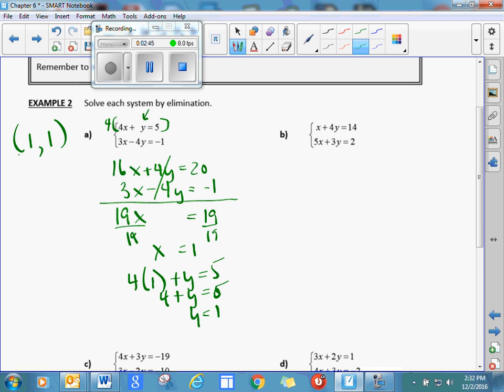So I think that (1, 1) is my solution set of solving these two systems, but I'm going to do one final check, and I'm going to use this equation right here because I did not use it when I substituted in my x value to find the y. So if I make my check here, whoops, wrong sign, that should be -4.